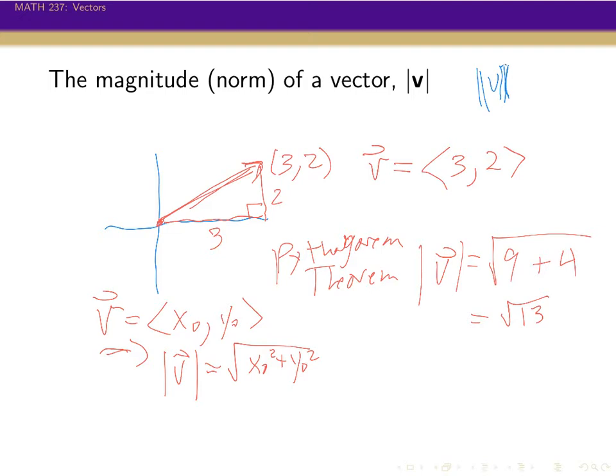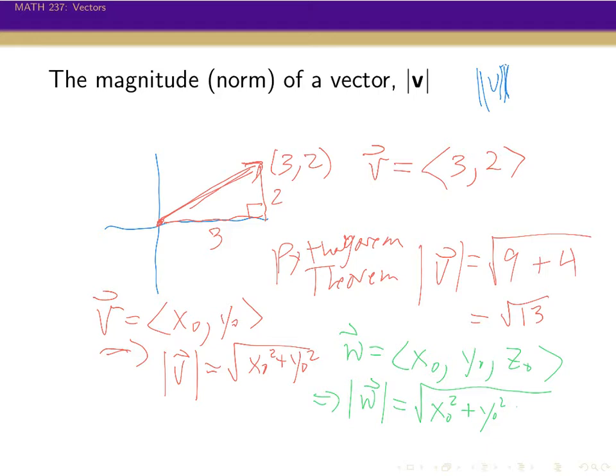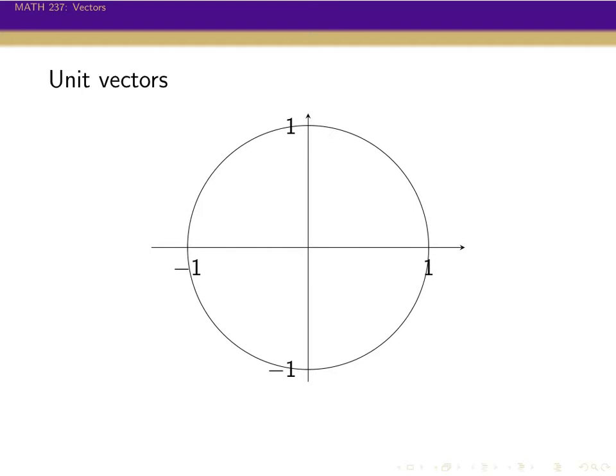If we're going to do this in 3 dimensions, let's call it w, with 3 components, x naught, y naught, and z naught, then just like the distance formula in 3 dimensions, its length is going to be the square root of x naught squared plus y naught squared plus z naught squared. And so that's how we're going to calculate the norm, or the magnitude, of a vector.